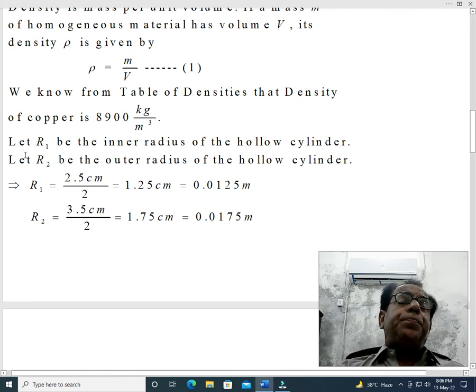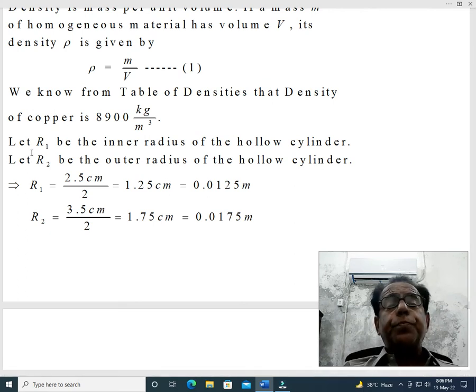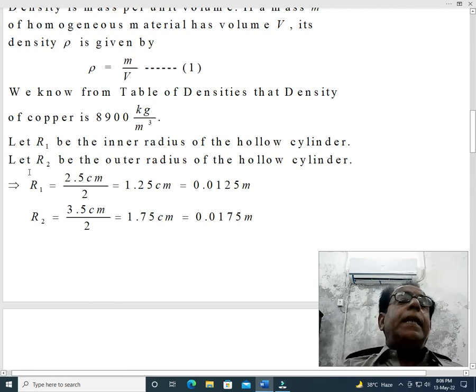Now dear students, because there is an inner radius and outer radius, so first we designate some letters for this purpose, okay? Let R1 be the inner radius of the hollow cylinder, let R2 be the outer radius of the hollow cylinder, okay?